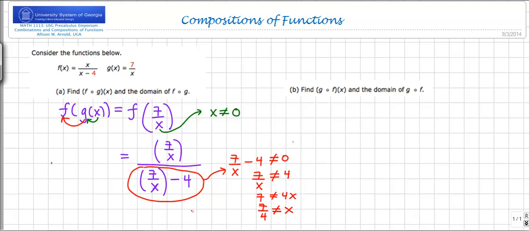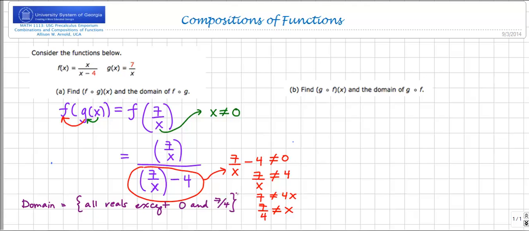So this would mean that ultimately the domain of the composition would be the set of all reals except 0 and 7/4. And we could choose how we wanted to write that, whether interval notation or whether we had a multiple choice question and made a list of values.